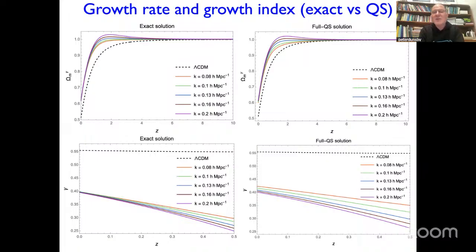These are the scales which are exactly going to be probed by current and future large-scale structure surveys. So it's very important to be wary of the differences between what one gets using the exact equations and the full quasi-static approximation.